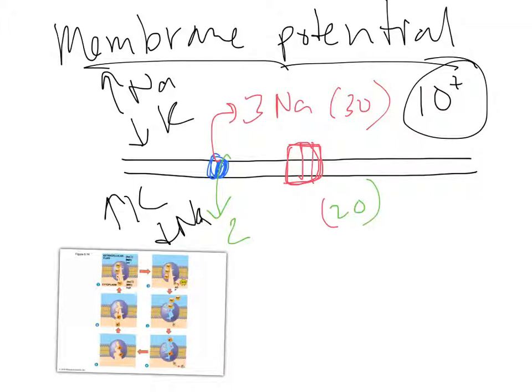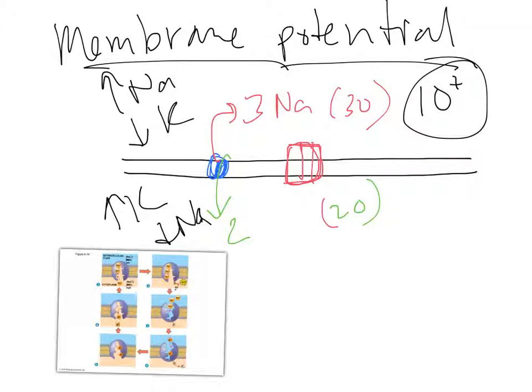It's going to move according to its what? Its electrochemical gradient. Sodium's going to move in based upon its concentration gradient. Potassium's going to move out until it reaches equilibrium. And they're going to reach equilibrium both on the ions, the electrochemical or the charge, and on the chemical gradient for sodium and potassium.